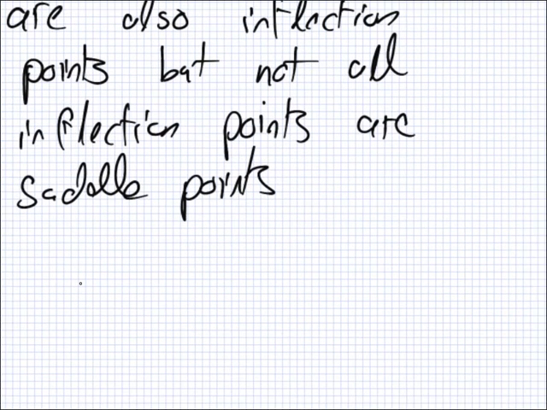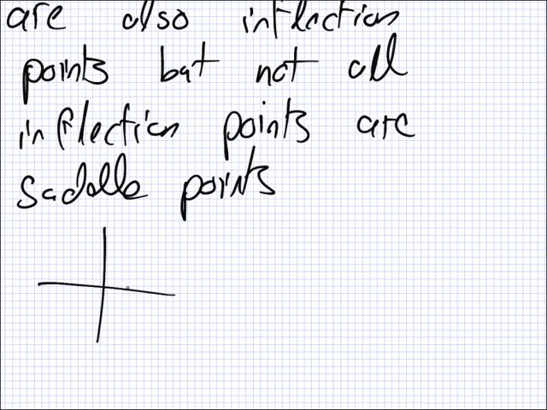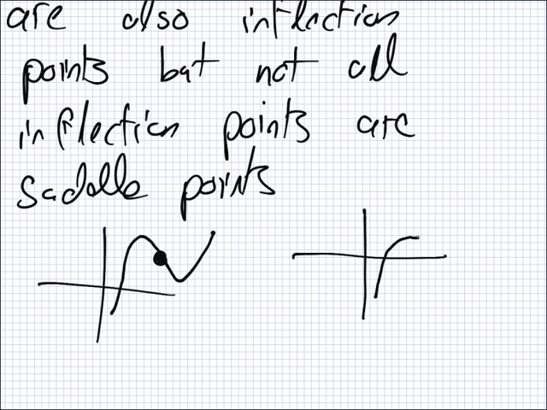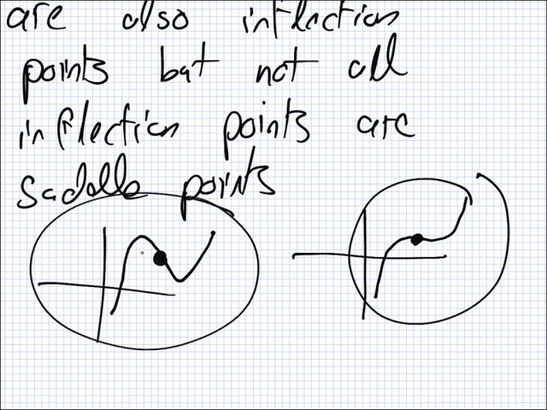So the difference, just to be clear, guys, is that an inflection point just means you switch from being concave to being convex. Whereas a saddle point means really the same thing, except that the point also is a turning point, it levels off. So this is also an inflection point because it goes from being concave to convex. This is an inflection point because it goes from being concave to convex. But this is a special inflection point. And this special inflection point, we call it a saddle point because it levels out in the middle here.